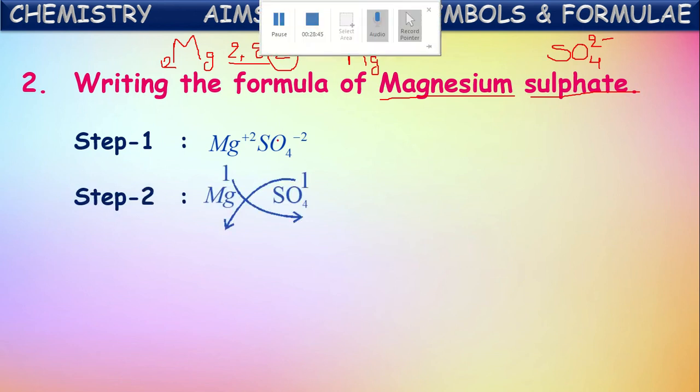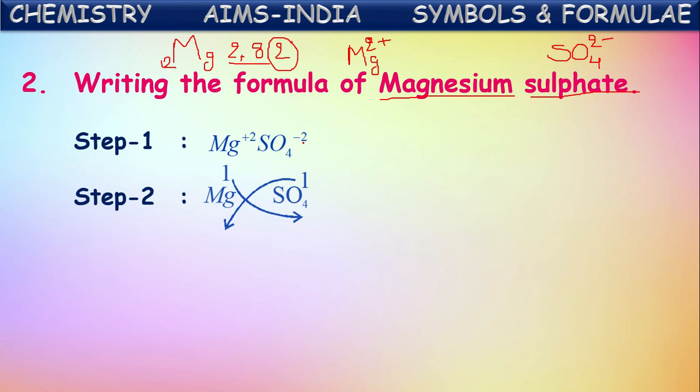See, this has 2, this also has 2 in these charges. Common factor 2 can be eliminated. Now it becomes Mg plus 1, SO4 minus 1. Then we have to neglect the plus and minus symbols of the charges. So it becomes Mg1 SO4 1.